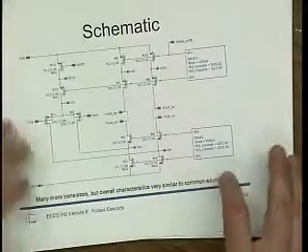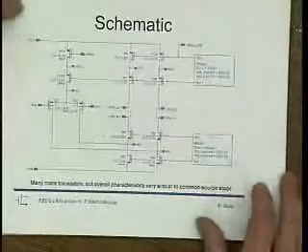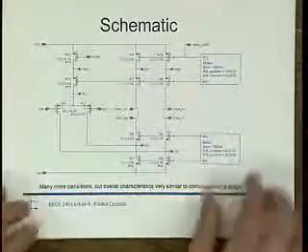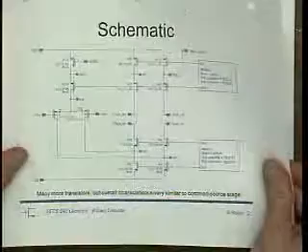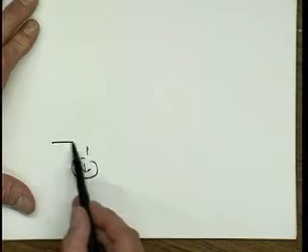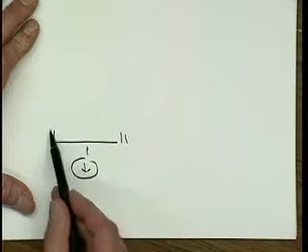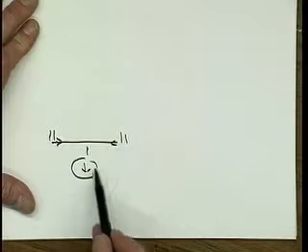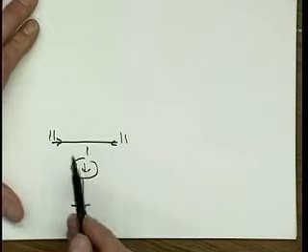Okay, schematic here. Let me draw this again, but I'll draw it for an NMOS input, so you have both examples, and we'll talk afterwards about the comparison. So our amplifier starts with a diff pair.